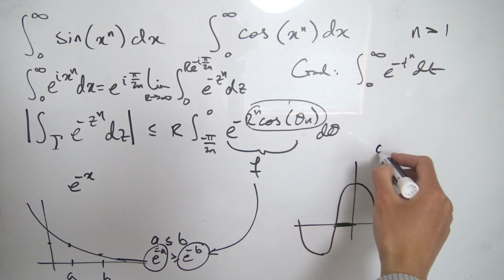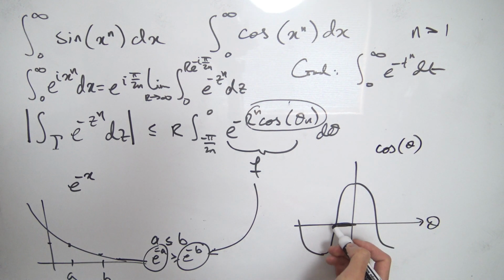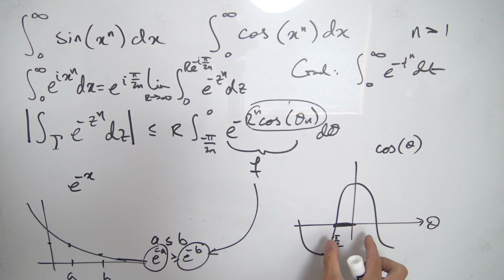Because if you just imagine having cosine of theta, so if this is the theta axis, then you're going to get an intercept at minus pi over 2, because cosine of minus pi over 2 is 0. But then if you dilate everything by a factor of 1 over n towards this vertical axis, then you also dilate the minus pi over 2 in by a factor of n.